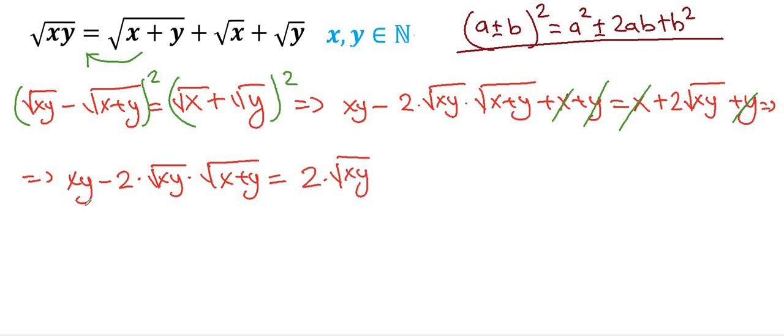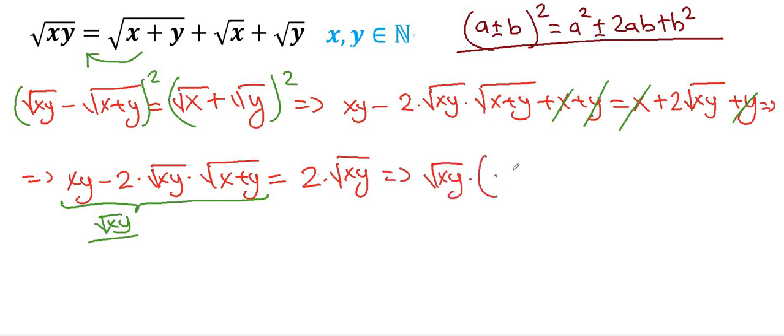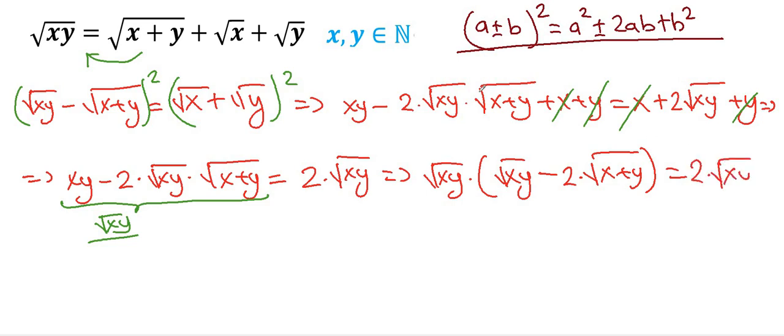Now let me factor out from the left hand side square root of xy. So inside the bracket we get square root of xy minus 2 times square root of x plus y, and the right hand side as it is, 2 times square root of xy.